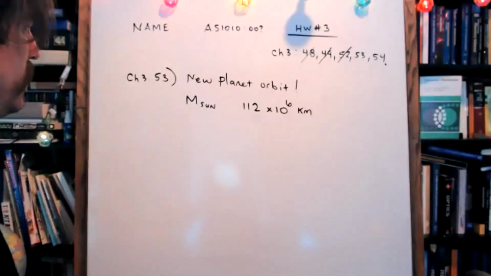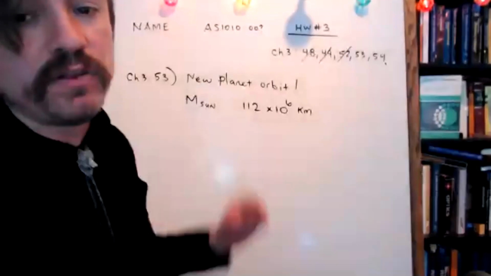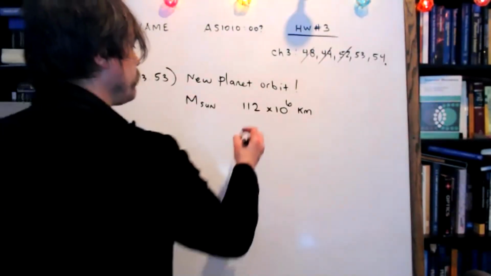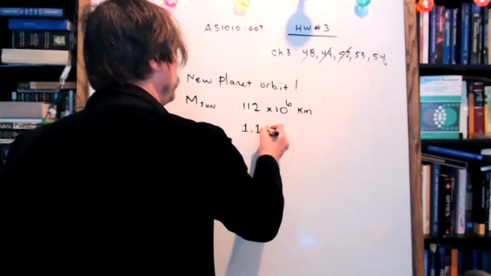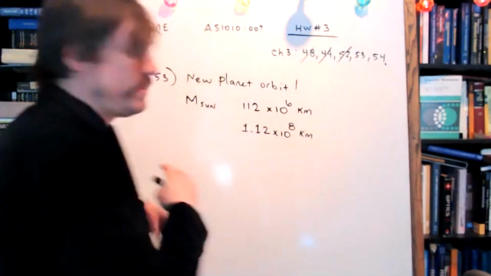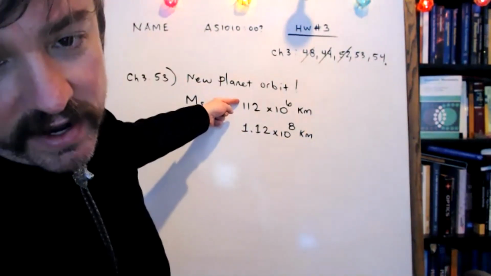I have a quick question before she starts reading. If you did it the way she said to do it, would it come out any different? Nope. As long as you managed it correctly. If she had written down 1.112 times 10 to the 8 kilometers, this whole problem would be exactly the same because this number is equal to that number.